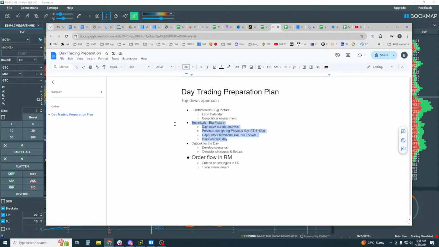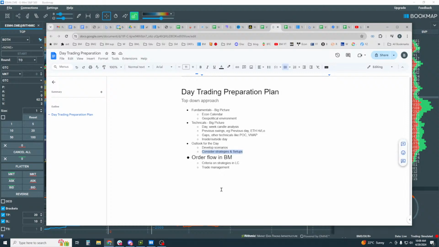And then our outlook for the day. We're going to develop scenarios: what do we think can unfold and why, and where might price go based on this bigger picture, top-down approach. Fundamentals, technicals, and then outlook via the scenarios.